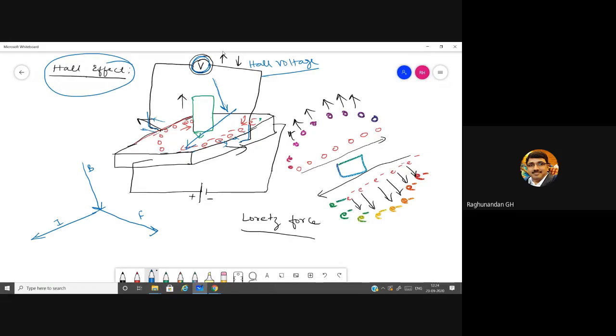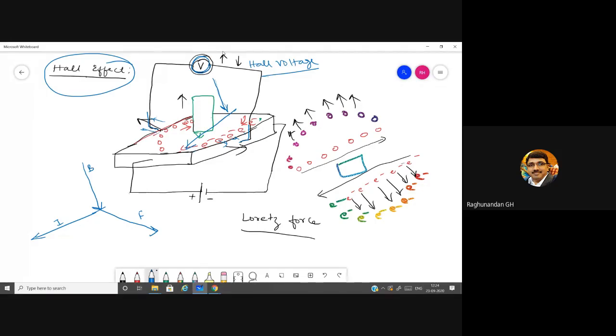Hall effect is the production of a potential difference in a semiconductor material or electrical conductor because of the electric current flowing in the conductor and the magnetic field applied perpendicular to the current. The magnetic field means this magnetic bar, applied perpendicular to the electric current. A force was experienced by these electrons.